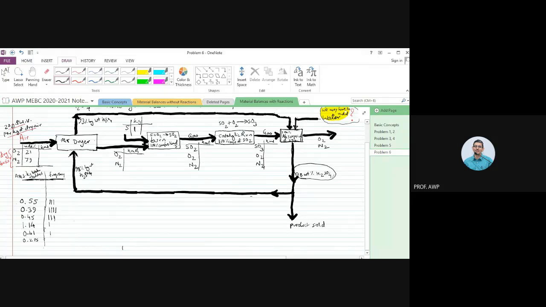Who had got 0.215? Anybody got 0.215? Yes, sir, me. Sir, I've got the answer as 0.22. Sir, I am getting 0.09. So 0.39.